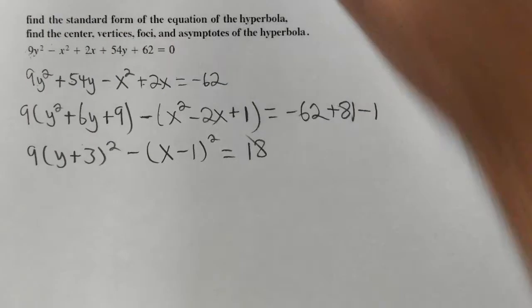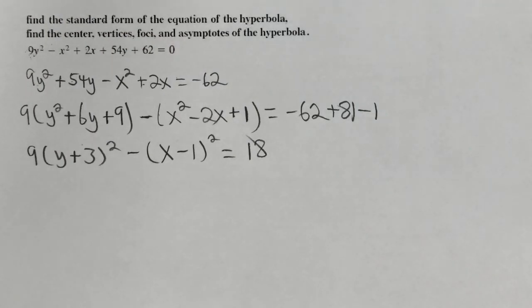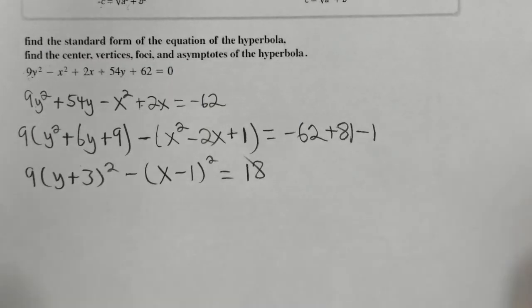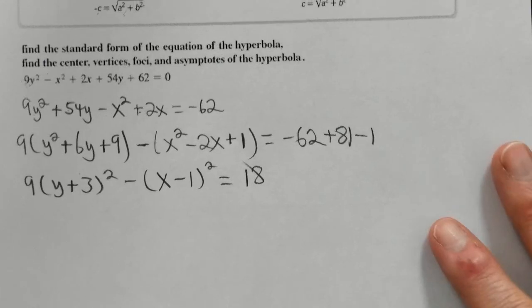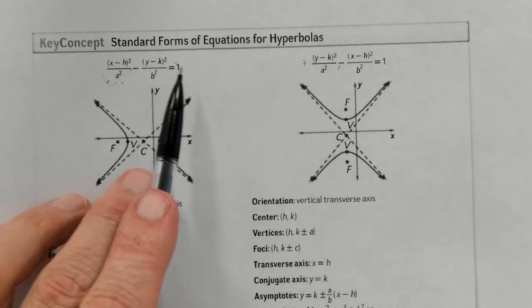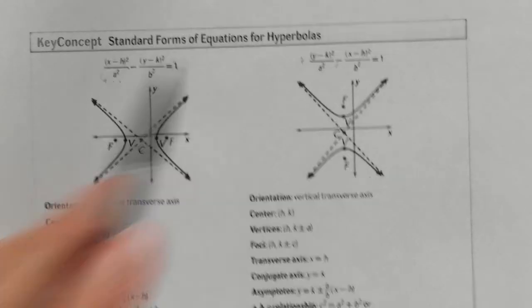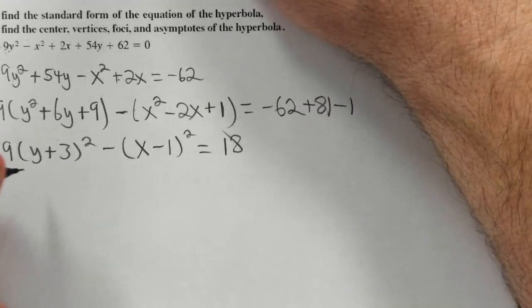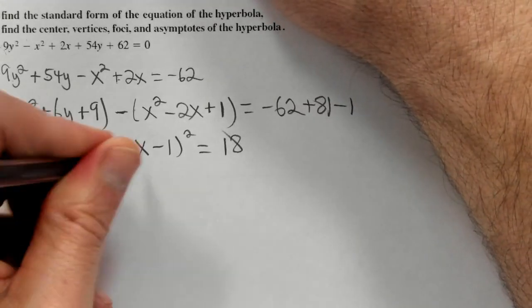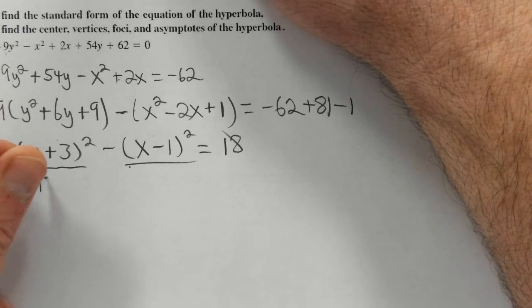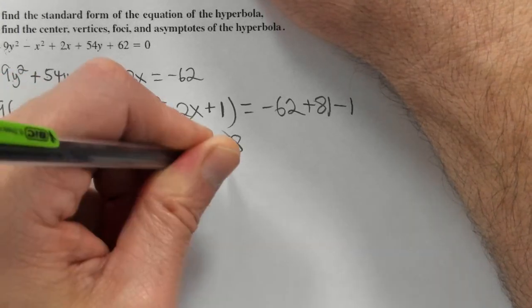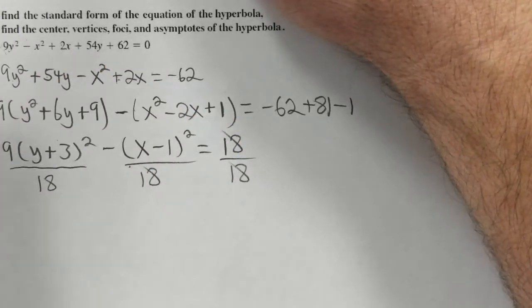All right, so at this point we're getting closer. And so from here now, remember, to be in the standard form, this has got to be set equal to 1, right? So I want to divide everything here by 18, 18, 18, and 18.